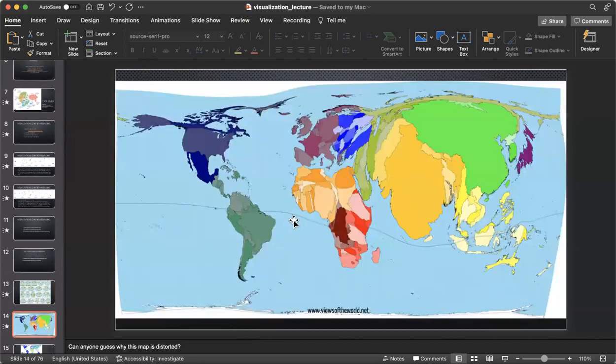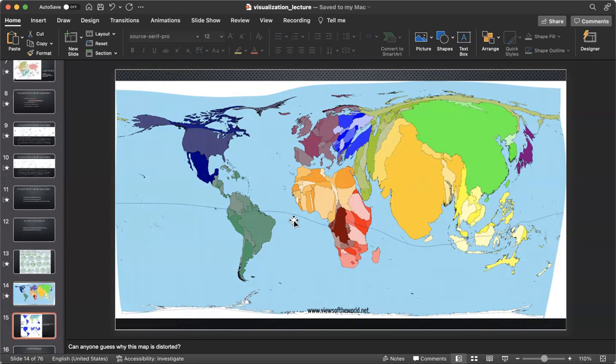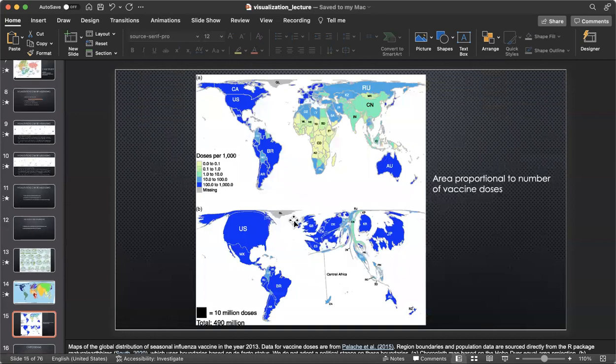There are numerous ways to project that data. Can anyone guess what this projection is doing? Why does this map look so weird? Yes, it's a map in which the area is proportional to the population of a country. And you can see India and China look really big. You can play around with this.